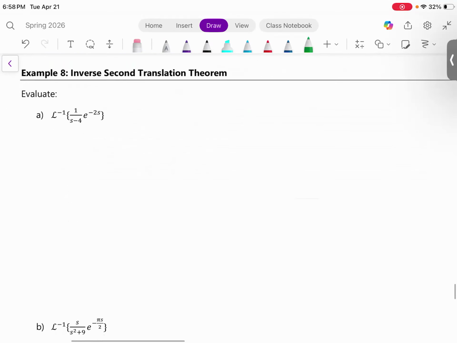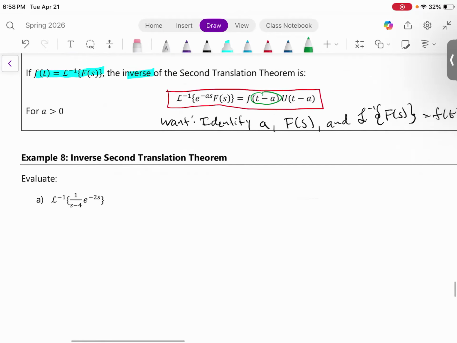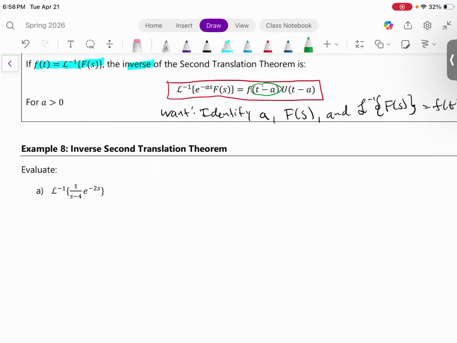Inverse second translation theorem. We want to find the inverse Laplace of 1 over s minus 4 times e to the negative 2s. We want to figure out what a is first. Right away, I can see from e to the negative 2s that a equals 2.